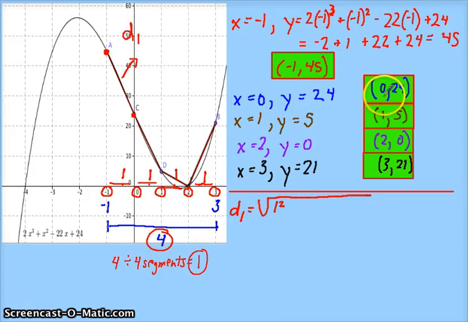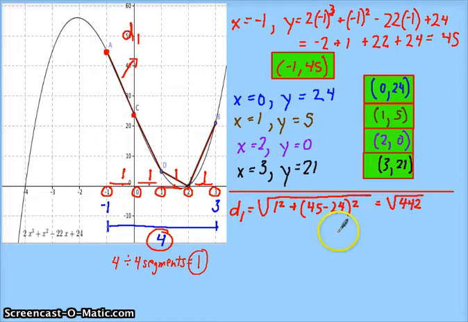From -1 to 0, there's a change of 1. Plus the change in y squared. 45 minus 24 is 21. 21 squared is 441, I believe. And 441 plus 1 is 442.